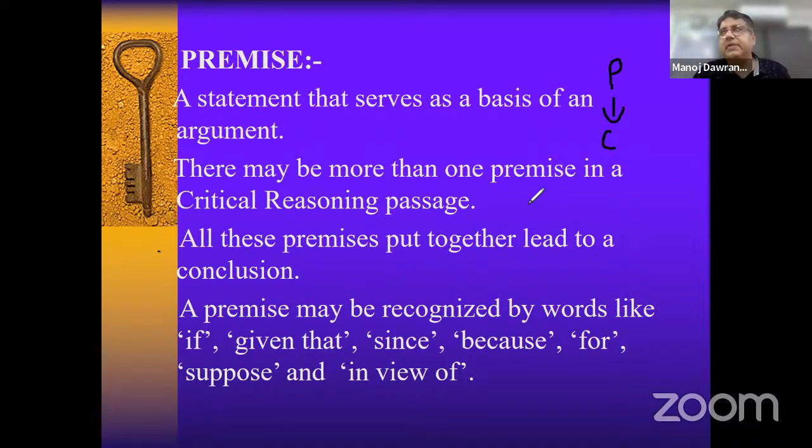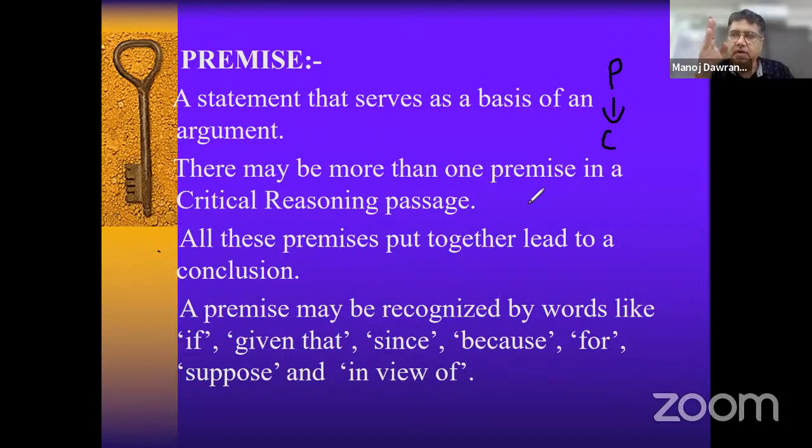Okay. For example, hypothetically, let's say I say smoking affects lungs. Smoking affects heart. Two statements. Third statement, smoking is injurious to health. So look at how it works. There are two basic statements. One, smoking affects lungs. Second, smoking affects heart.